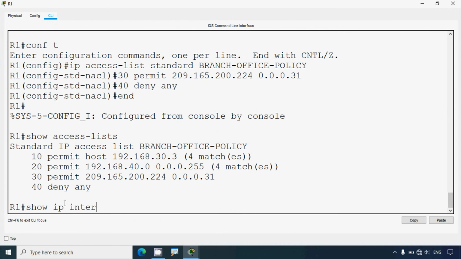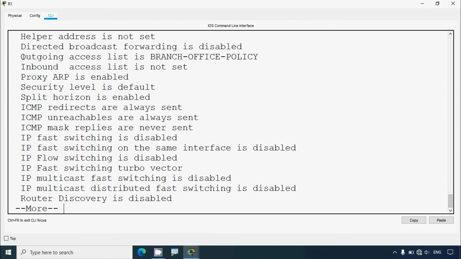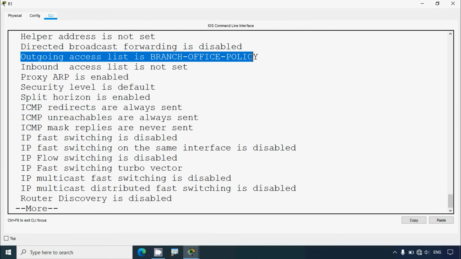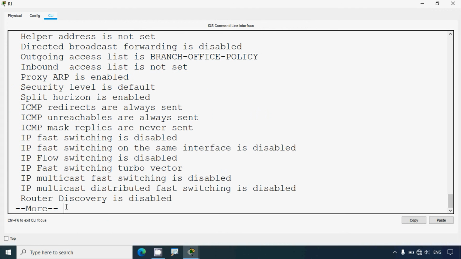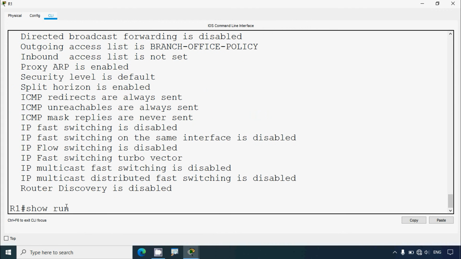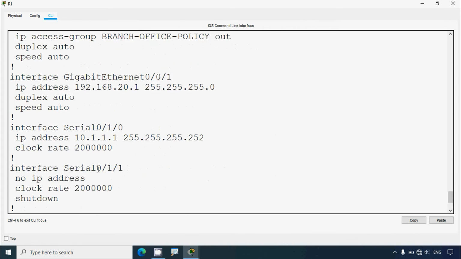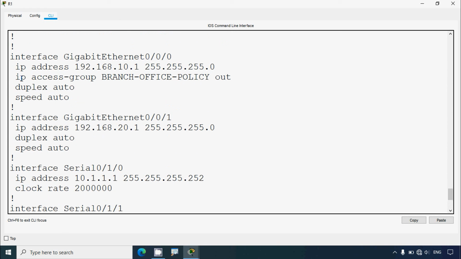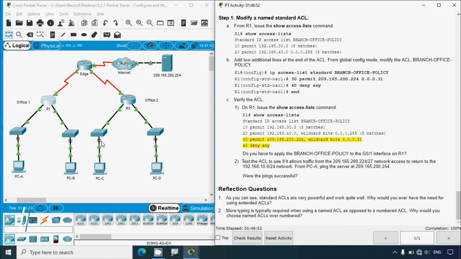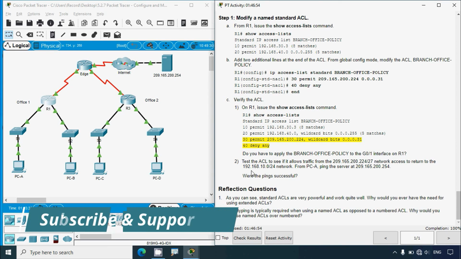Show ip interface G0/0/0. Here we can see that the outgoing access list is branch-office-policy, or we can even verify using show running-config G0/0/0. Here we can see ip access-group, then the ACL name, and direction out. Hence no need to give that command again.